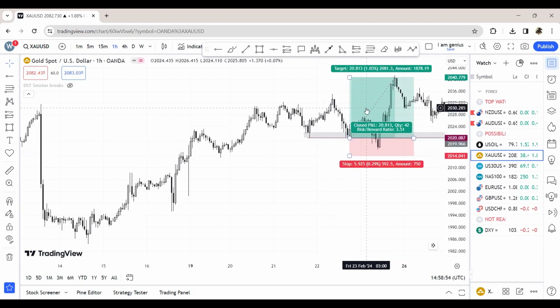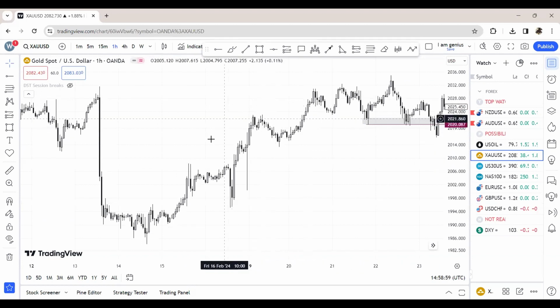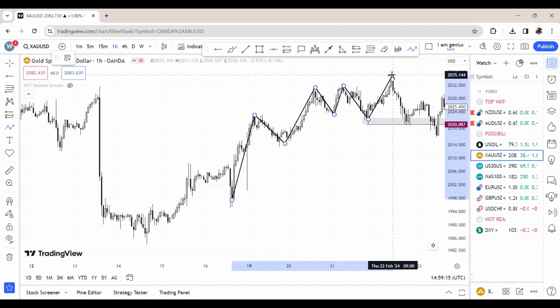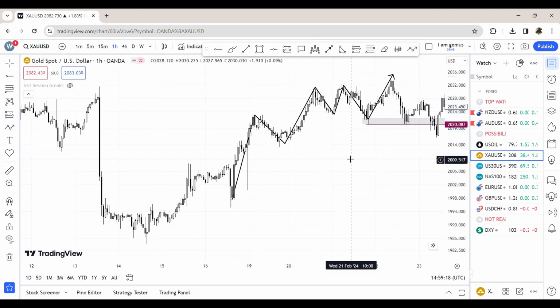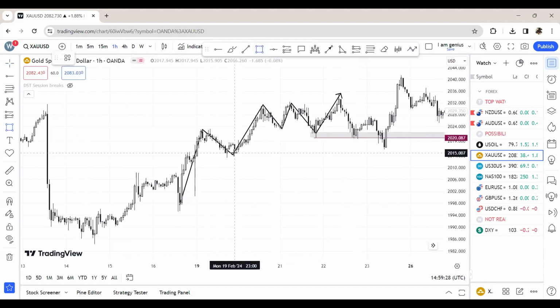The other one is also one of my favorites. Since the market is in an uptrend, what it does is it makes these higher highs and higher lows like that. You can see that. Then what you want to do is ensure that you pick the most recent higher low, which is this one.